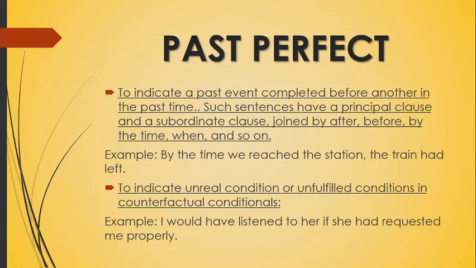So this is an unreal, unfulfilled condition. This is not going to happen again. The actual thing has already happened. So we are imagining how things could have been different. And when we indicate such unfulfilled or unreal conditions, we use the past perfect tense in counterfactual conditionals.